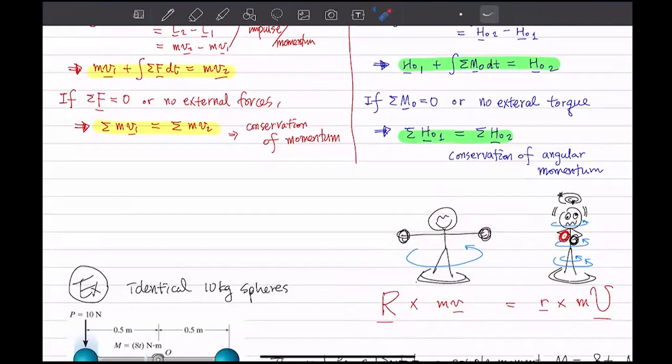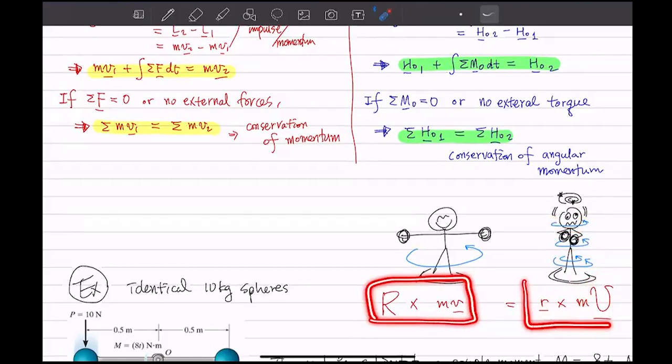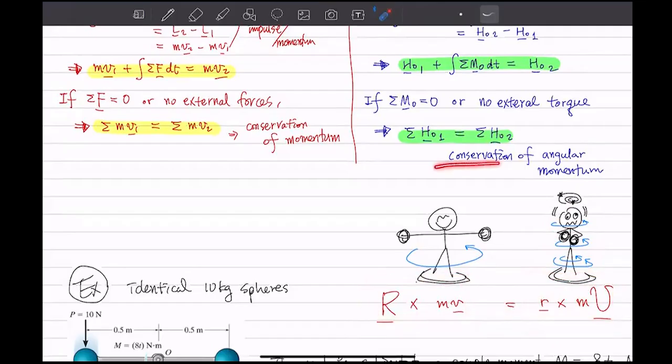But if you keep your particles close to your axis, where R is small, then your velocity, this rotation speed, is going to increase, because we want to make these two the same, assuming there's no external force or no external torque applied.